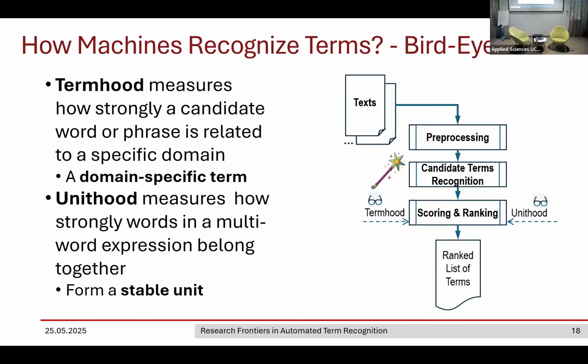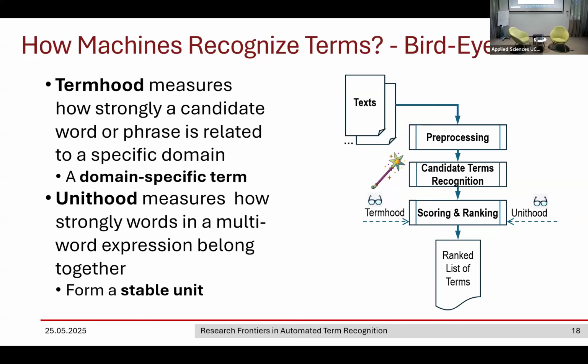Termhood measures how strongly a candidate word or phrase is related to a specific domain. So is it a domain-specific term, like a bridge in infrastructure. Unithood measures how strongly words in a multi-word expression belong together, forming a stable unit. This could be done by picking the occurrences and counting the frequencies.